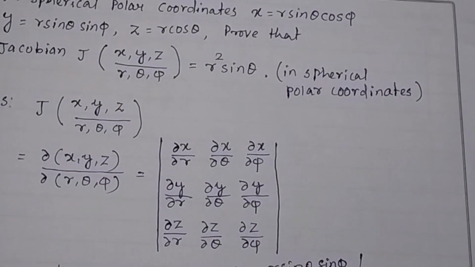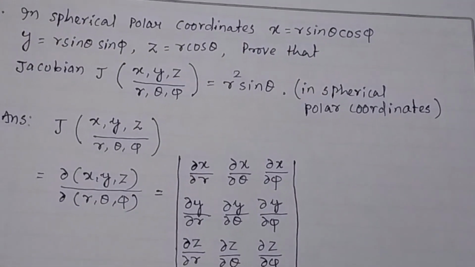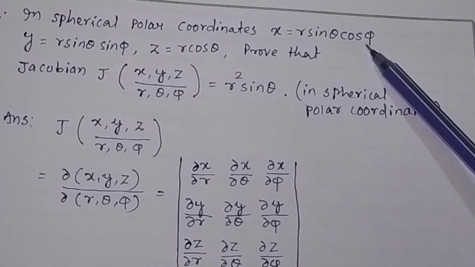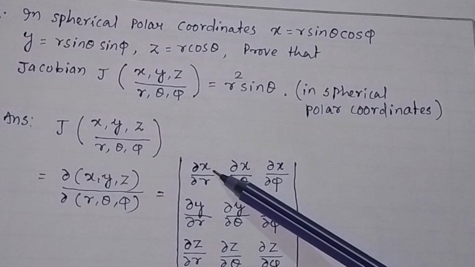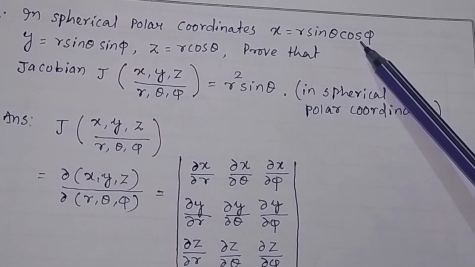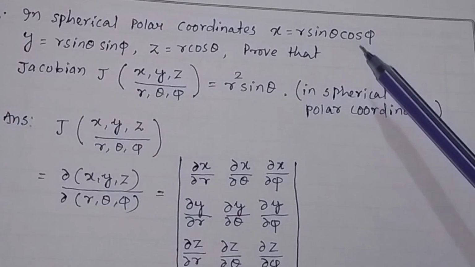And in the question it is given that x is equal to r sin theta cos phi. So the partial derivative of x with respect to r will be equal to sin theta cos phi.